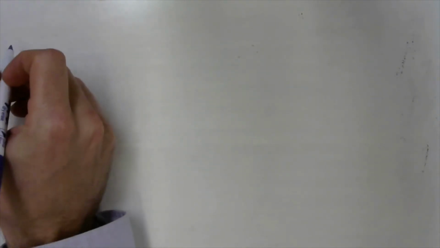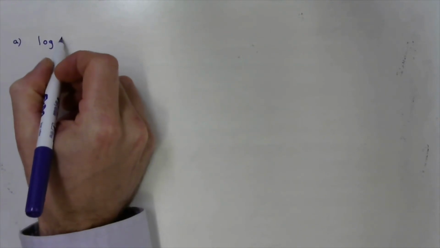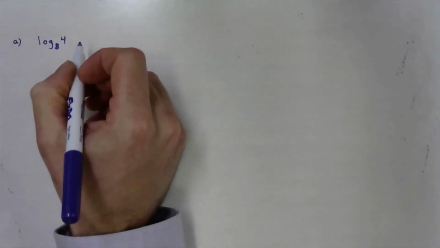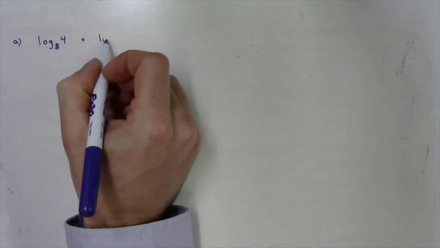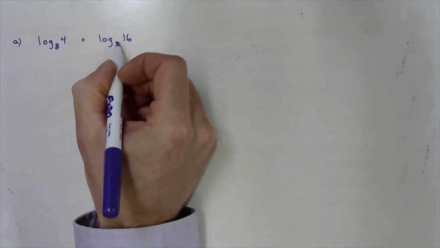Example 2, we are asked to evaluate using the laws of logarithms. There are 3, A, B, and C, so that you can space yourself out. Here it is, log of 4 base 8 plus log of 16 base 8. So again, right away we notice that we have 2 logs with the same base.